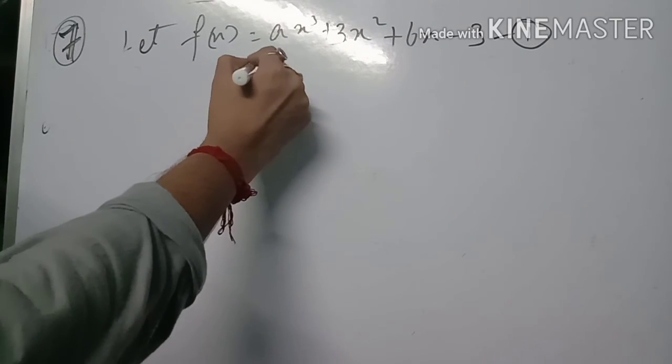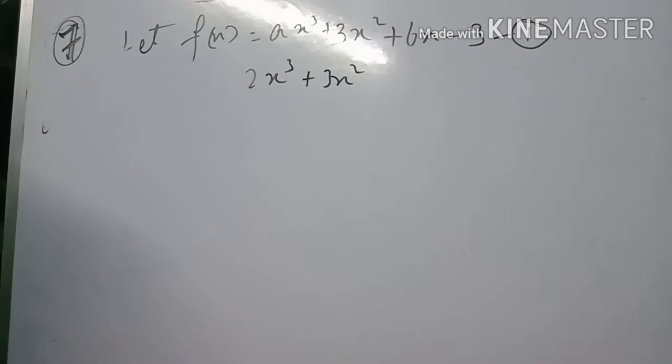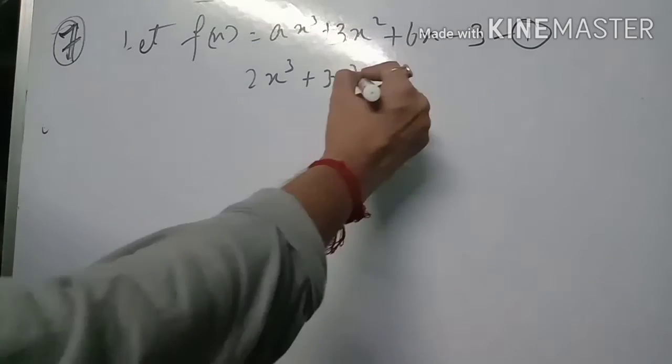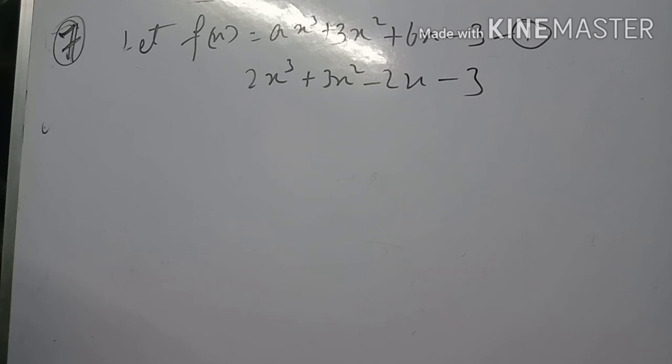I'm putting it here. 2x cube plus 3x square minus 2x minus 3. Now we need to factorize this. For that, we are going to divide this with x plus 2.